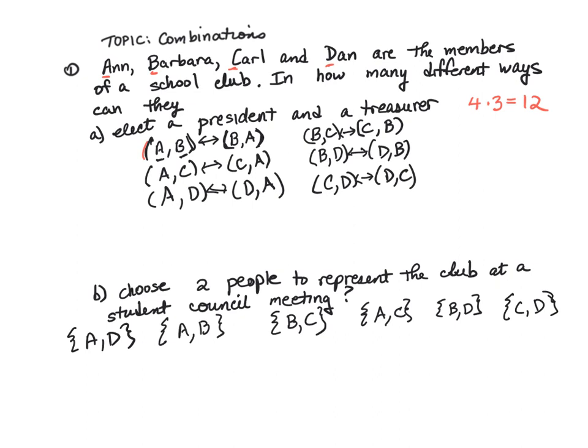We call this listing a combination of 4 things taken 2 at a time.